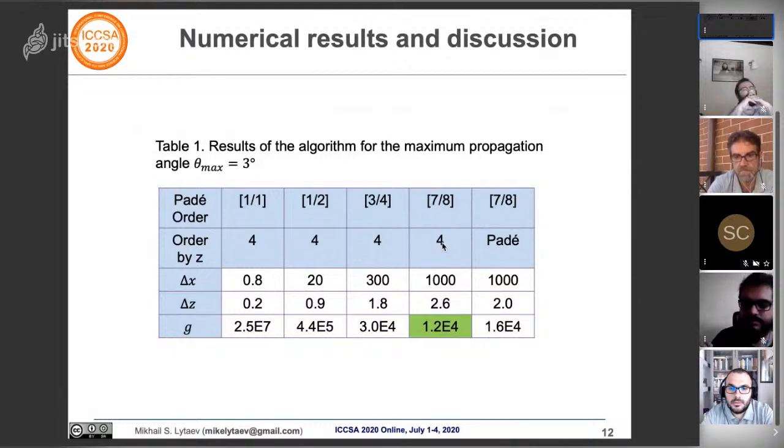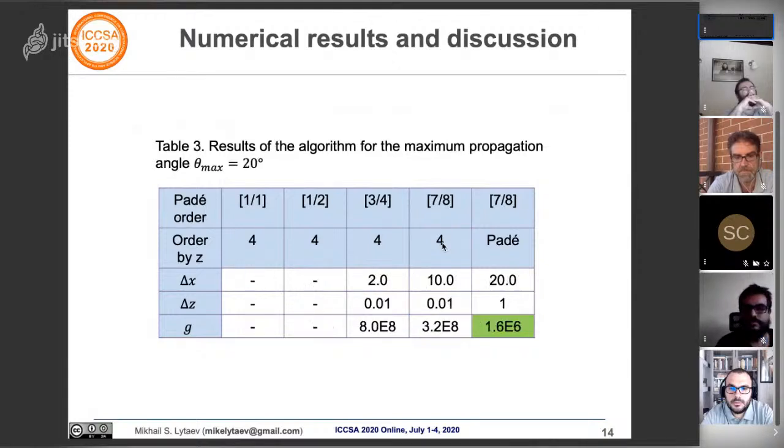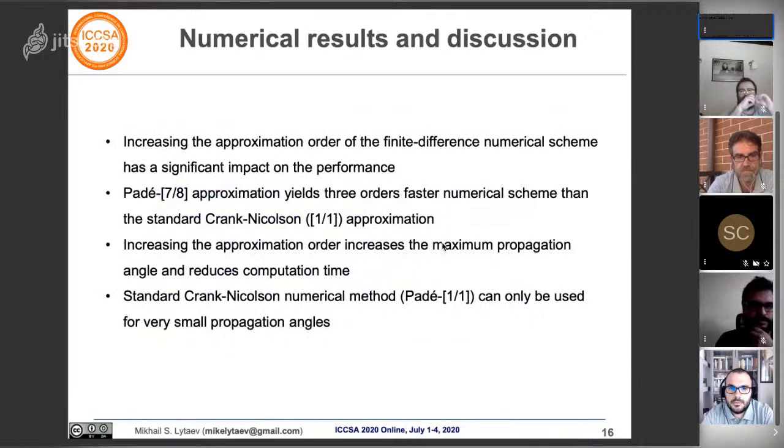In this table, we see results for angles of 3 degrees, 10 degrees, 20 degrees, and 45 degrees. One can see first that increasing the approximation order of the finite difference numerical scheme has a significant impact on the performance.